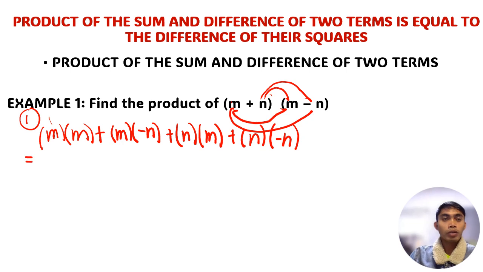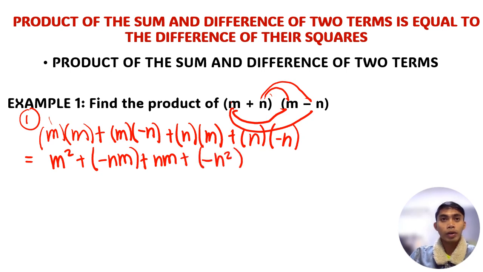Apply the laws of exponent in multiplying a term. So m times m is m squared, then m times negative n is negative nm, plus n times m is nm, then plus n times negative n is negative n squared.